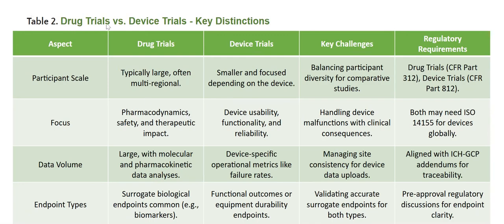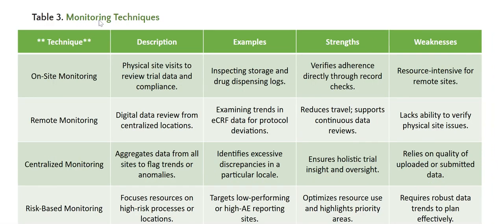Another table is about drug trials versus device trials, key distinctions: aspect, drug trials, device trials, key challenge and regulatory requirements; aspects include participant scale, focus, data volume, endpoint types, and study design complexity. Another table is about monitoring techniques: technique, description, examples, strengths, and weaknesses, covering on-site monitoring, remote monitoring, centralized monitoring, RBM, risk-based monitoring, and adverse event (AE) monitoring.